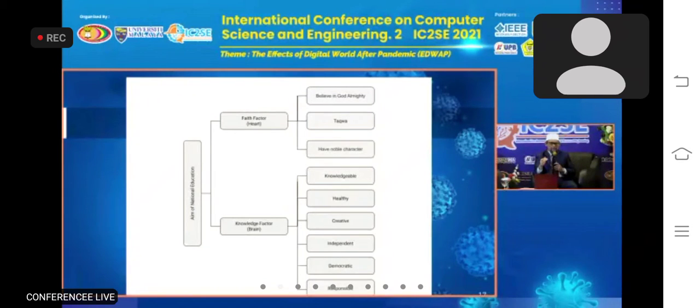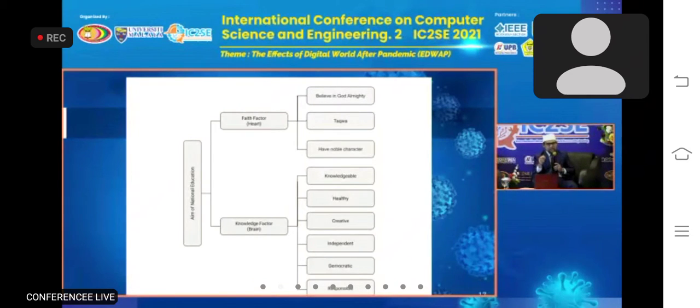So I group these objectives of national education into two groups because the iman factor is something related to the heart, while the knowledge factor is something related to brain or reasoning.